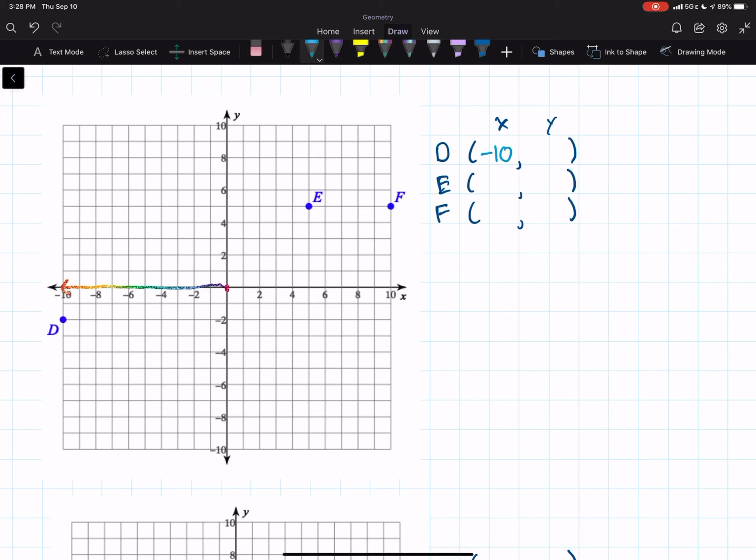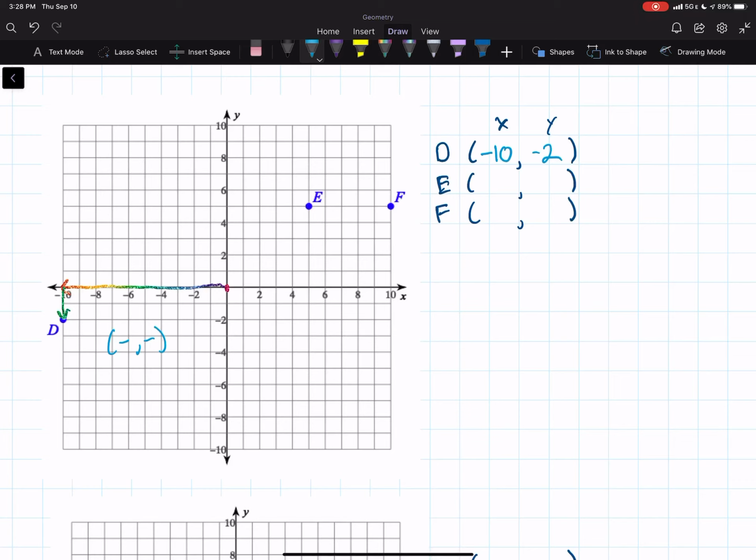So I went -10, and then I'm going to go down 2 to get there. So that's going to be -2. And if you remember from earlier, if it's in this bottom left quadrant, these are always going to be a negative, comma, negative number, which kind of looks like a face.